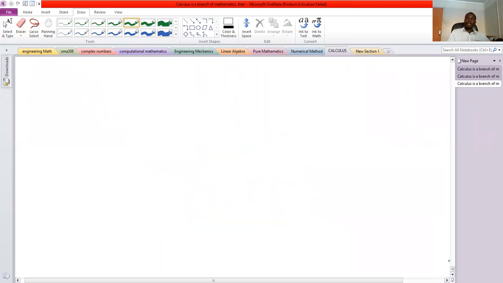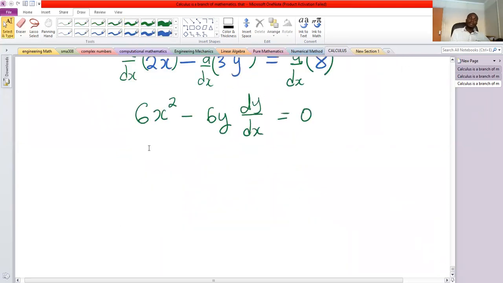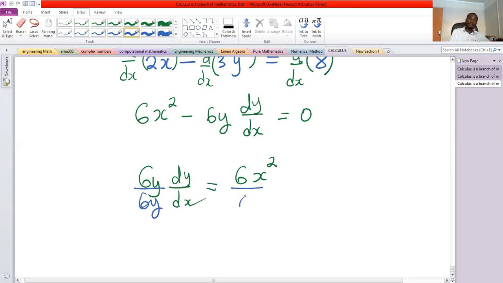So this tells us that 6y dy/dx is equal to 6x squared. Now to get dy/dx, we just divide through by 6y.